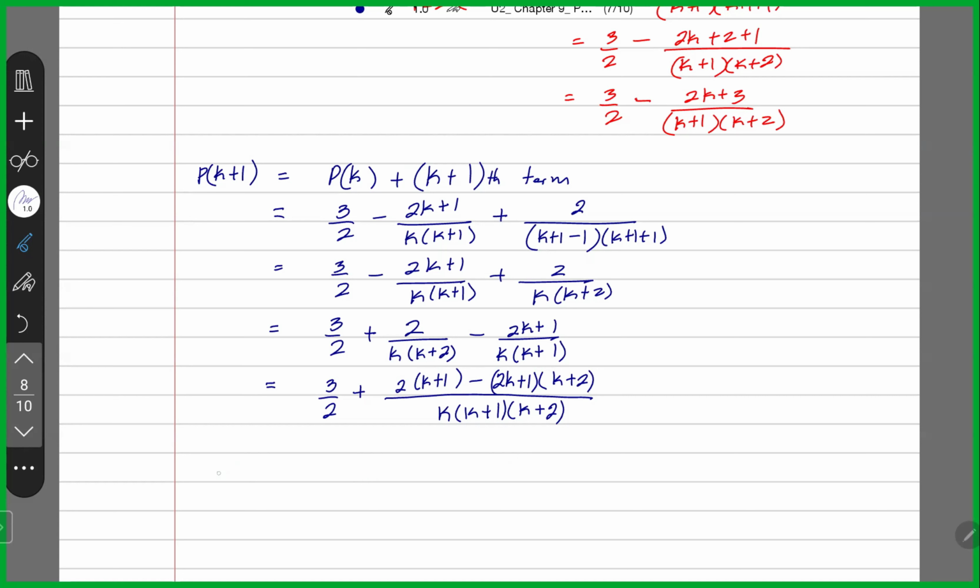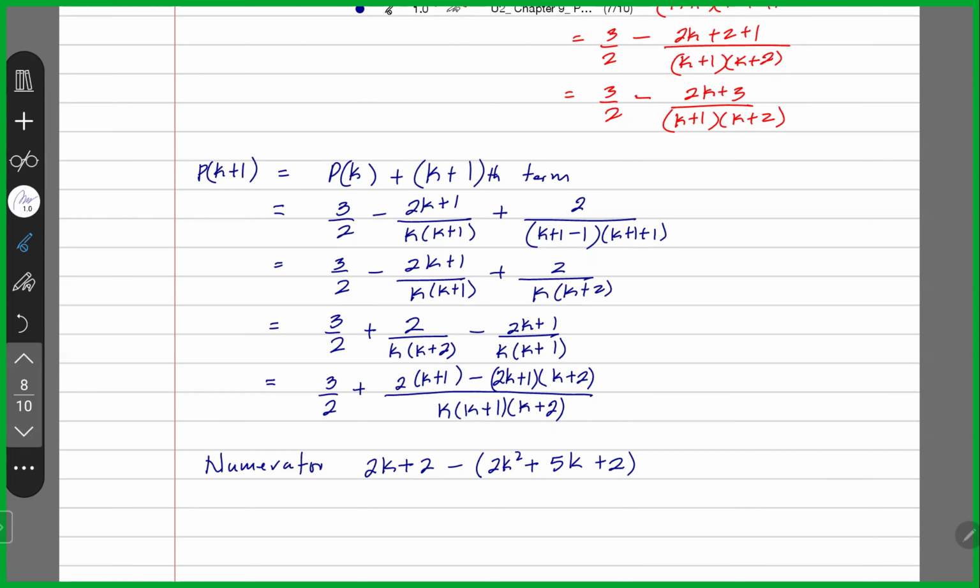Let's simplify the numerator of that right-hand side. We have 2k plus 2 minus 2k squared plus 2k plus k, which is 4k plus k, is 5k plus 2.